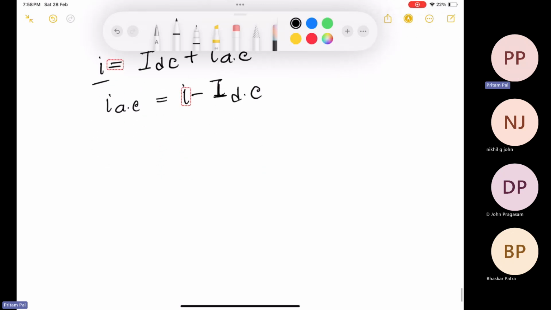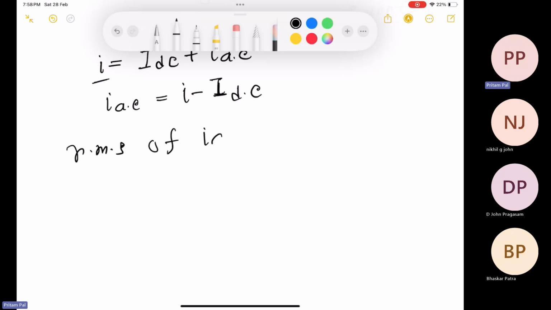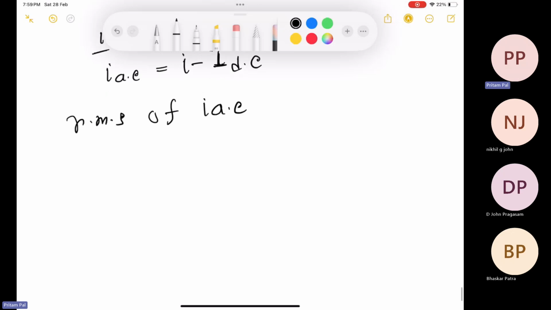Now if we try to find out the RMS of IAC, it is given by the following.